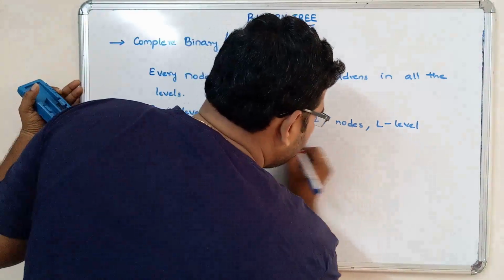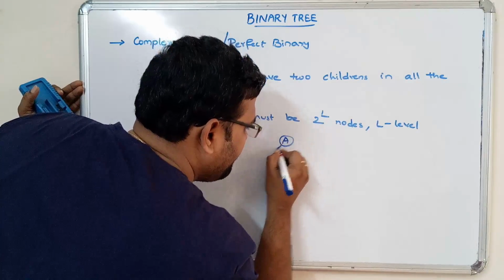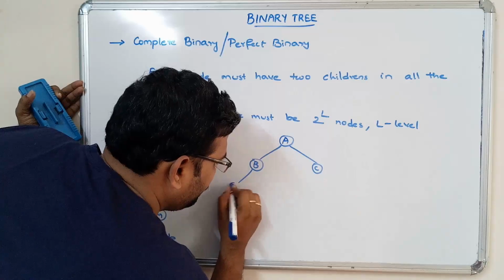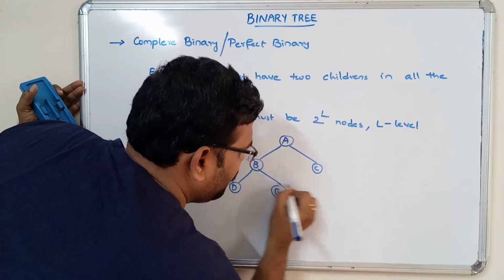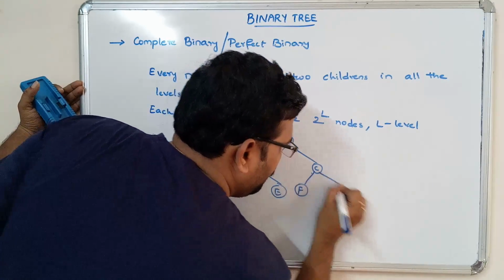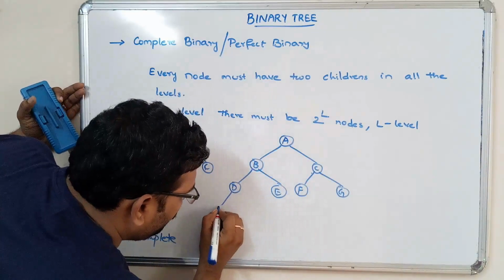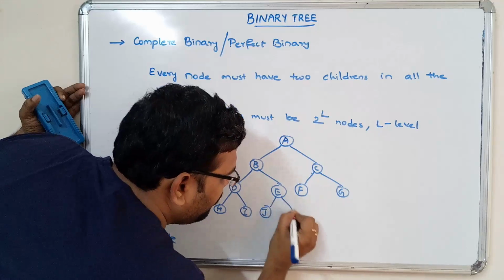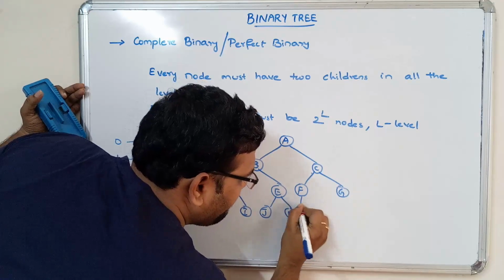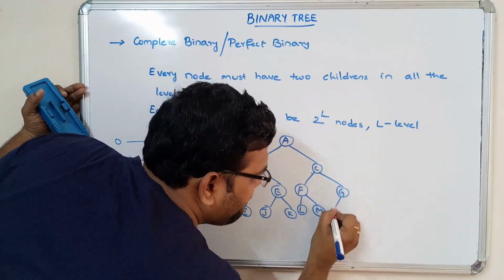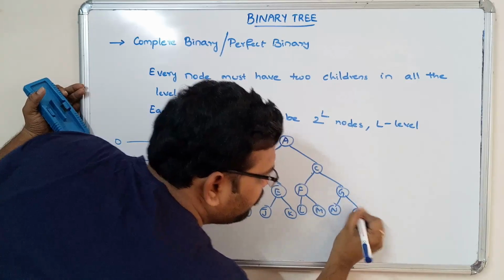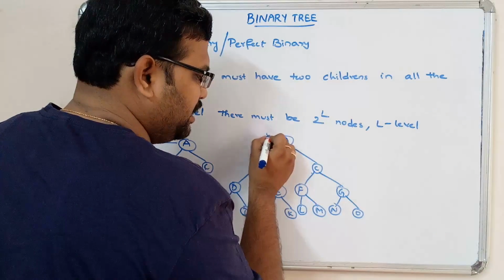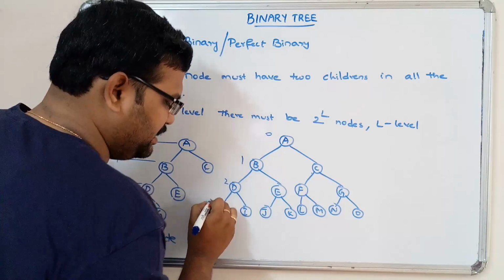If you take an example, see, this is called a complete binary tree. This is level 0, this is 1, this is 2, and this is 3.